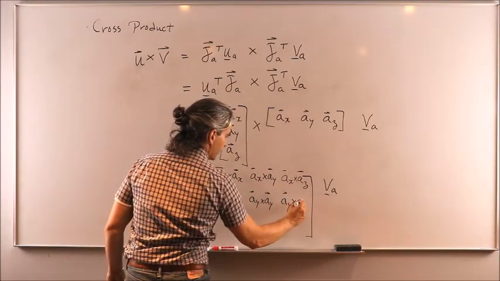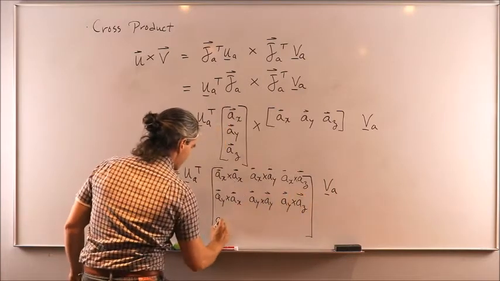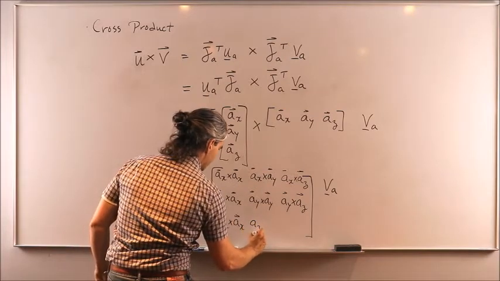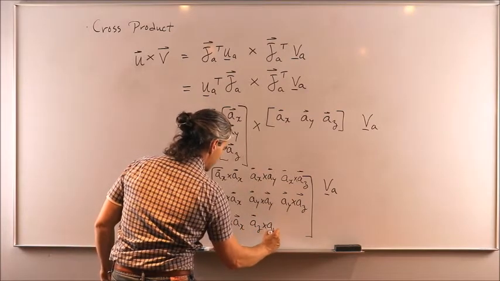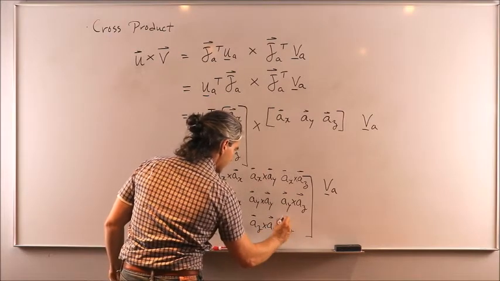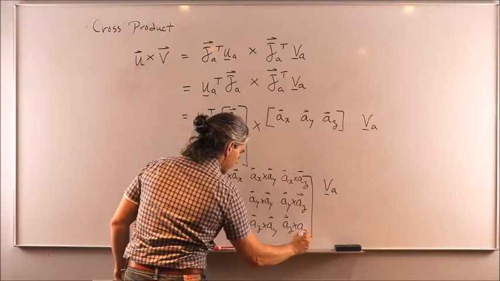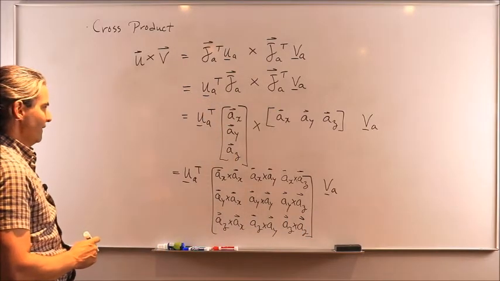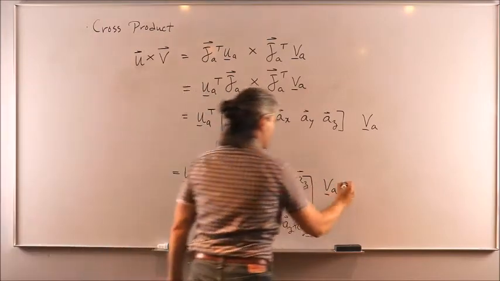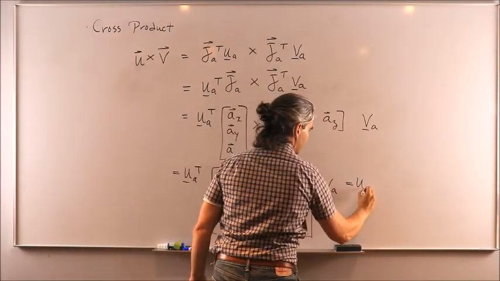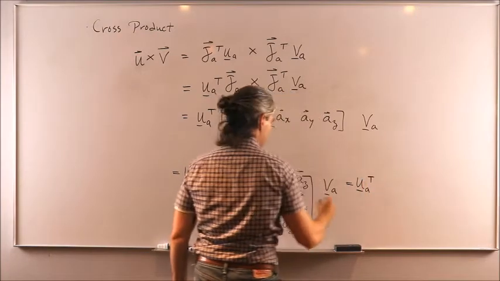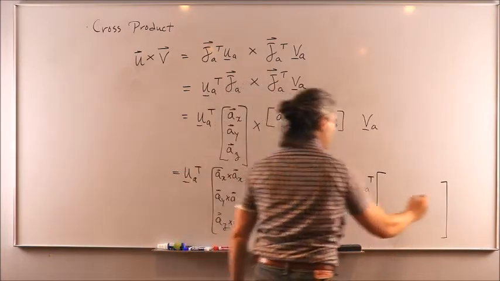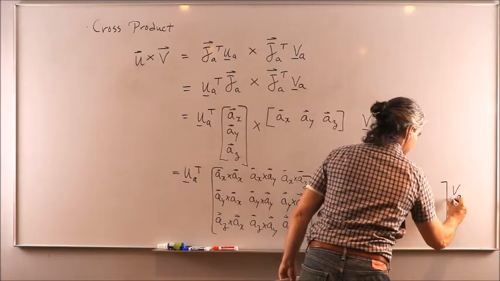AY cross product AZ, AZ cross product AX, AZ cross product AY, and AZ cross product with itself. That's what we have. Okay, I'm going to say that this is then equal to UA transpose times my 3 by 3 that I'm about to evaluate times components of the vector V seen in reference frame A, like that.